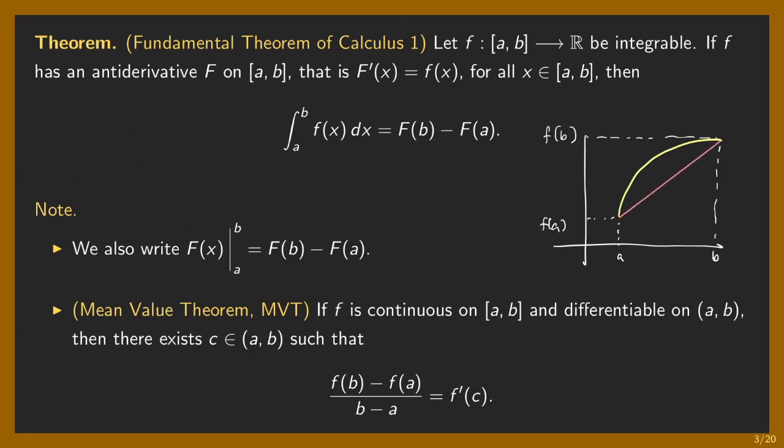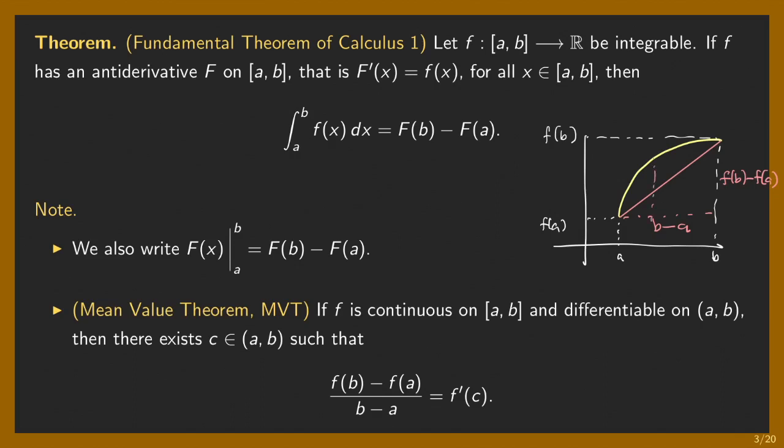Okay, the slope of this line segment is f of B minus f of A divided by B minus A. According to the mean value theorem, at some value C in between A and B, I think in this case it is this C, or maybe here.